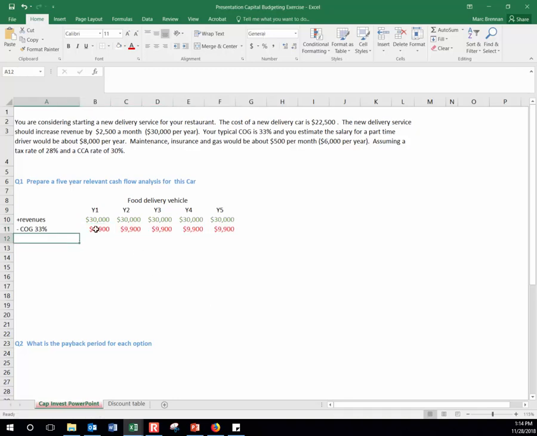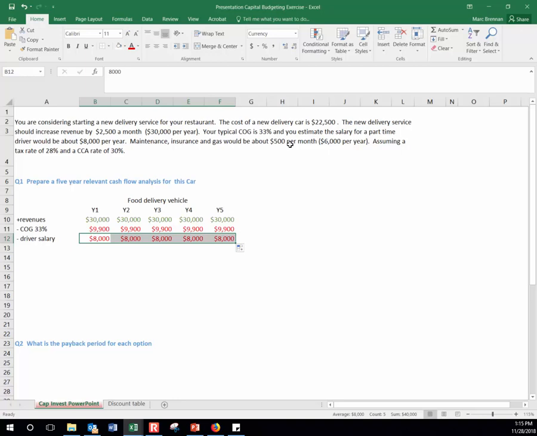We then need to decrease our driver's salary. Salary for a part-time driver would be about $8,000 per year, so that's directly related to this investment, and I need to account for that every single year.